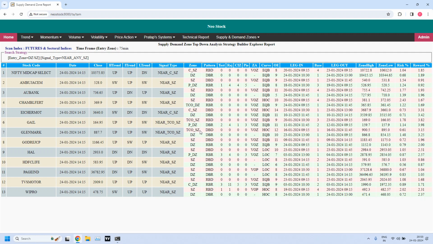TCO SZ is a special high liquidity zone. We are not using this. It is a low priority within the high liquidity zones, and only in special conditions you have to use. They're all confirmation related, trading related strategy zones, because you are not aware of that concept, not looking into them.